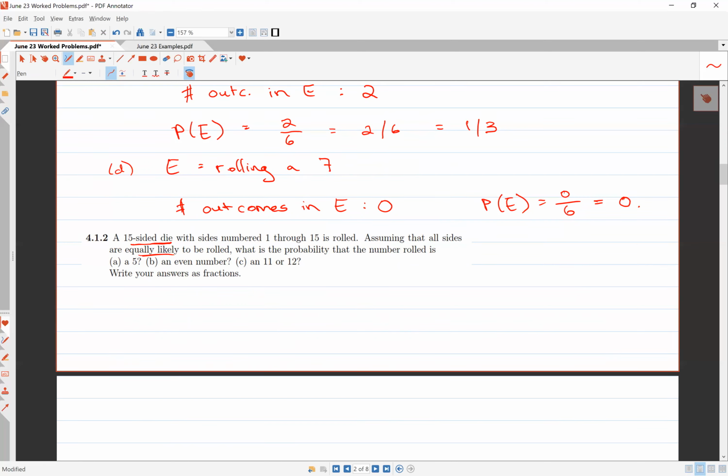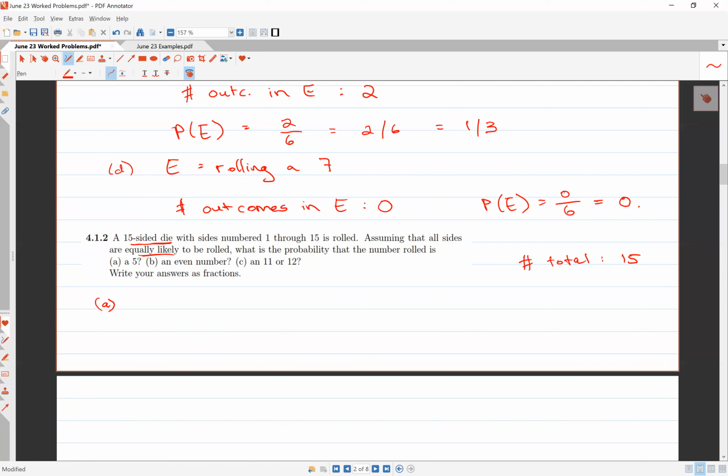What's important here is this definition of probability where we're counting the outcomes in an event and then looking at how many outcomes there are total. It is important that we have equally likely outcomes for that definition to hold. So what we do know in this case is the number of total outcomes is 15.